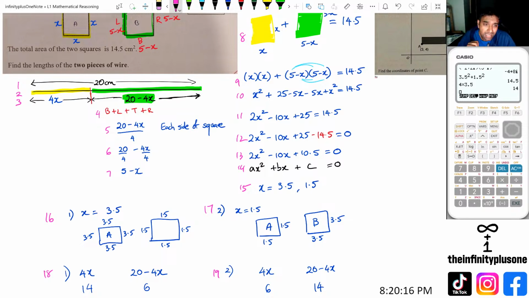If you ask me where the achieved and merit part is, just guessing here, I could be completely wrong, your achieved part could be coming up with the 20 minus 4x part.